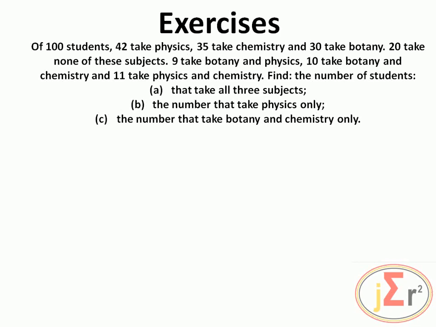Our duty is to find the number of students that take all three subjects, and then the number of students that take physics only. Then we move on to the number that take botany and chemistry only.